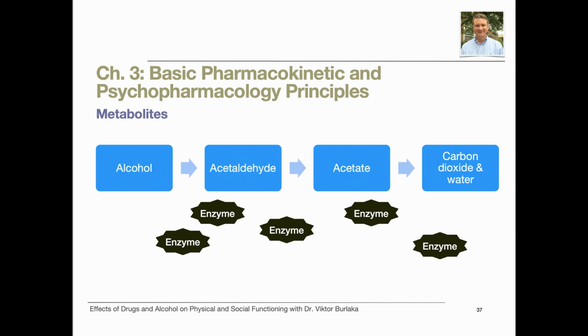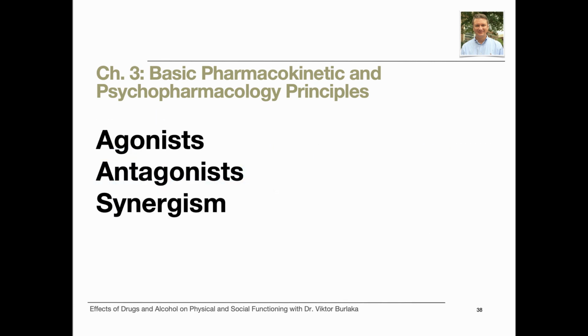Fortunately, acetaldehyde does not stick around very long as it is metabolized into a less toxic chemical, acetate. Acetate is then metabolized into carbon dioxide and water. The enzymes responsible for the metabolism of ethanol are under genetic control. This contributes to the observed phenotypic differences in individuals' responses to drinking that we previously explored in discussing genetics.